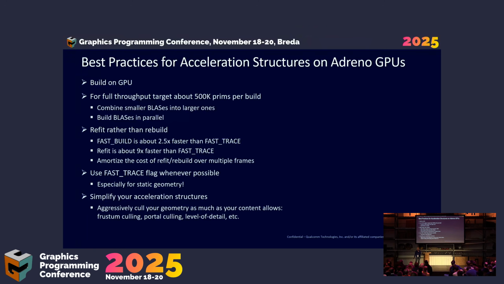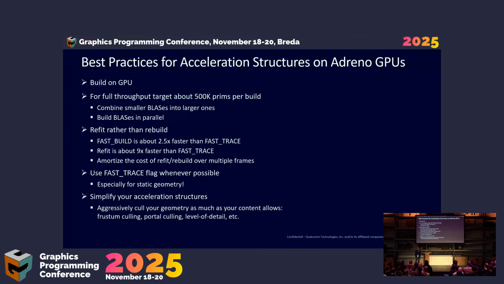If you have a lot of small BLASs, maybe think about combining them into one larger one, or dispatch them in parallel. Building acceleration structures is a costly operation, so you probably don't want to do it often. You want to refit as much as possible.